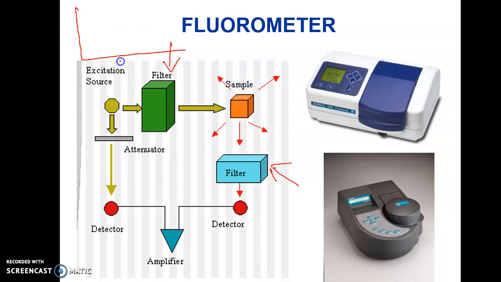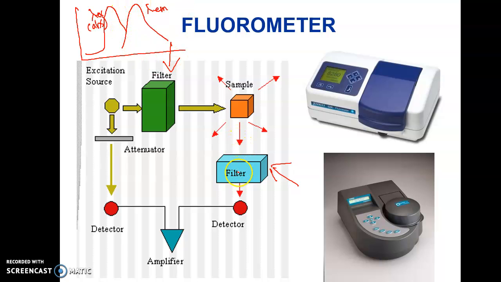We have one spectrum of absorption or excitation, and then one spectrum for emission, what we call lambda emission and lambda excitation. Because of that we need two filters to filter out one excited and one emitted.